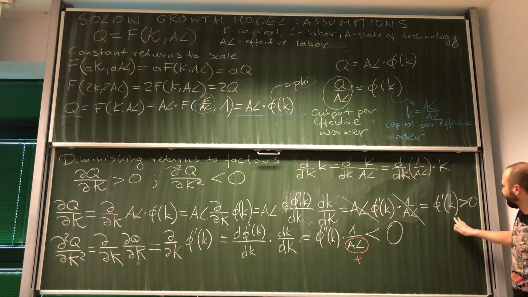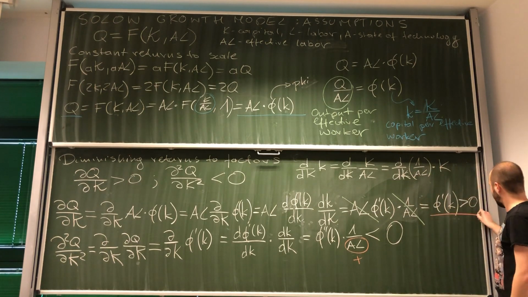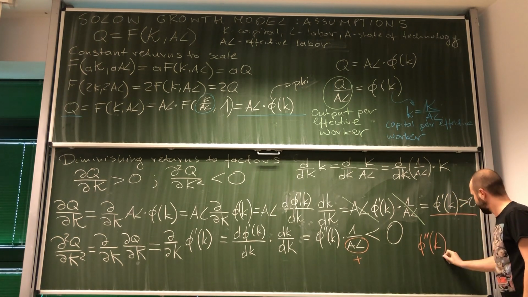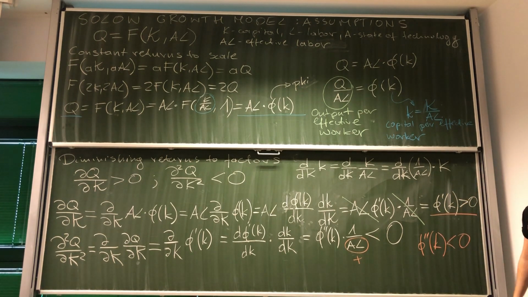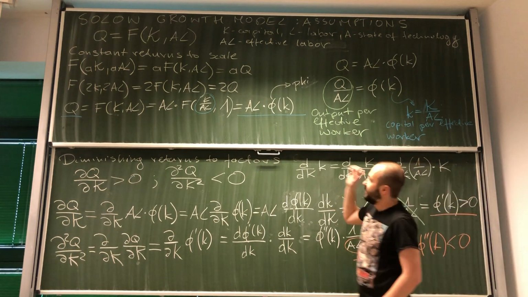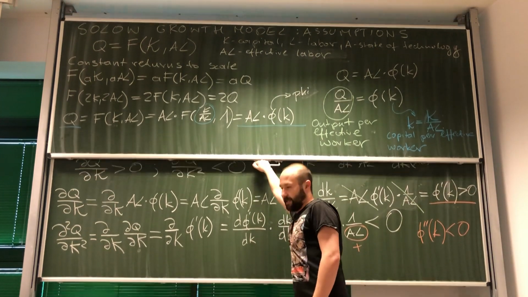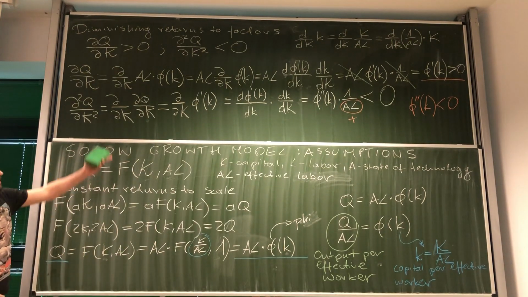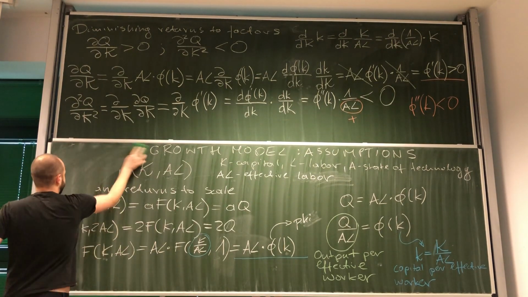So it has positive first derivative and negative second derivative. Okay, and look, knowing just this will allow us to draw a graph of this function.